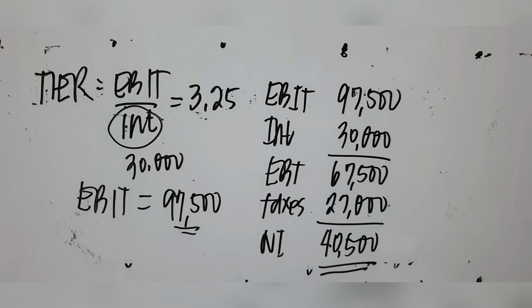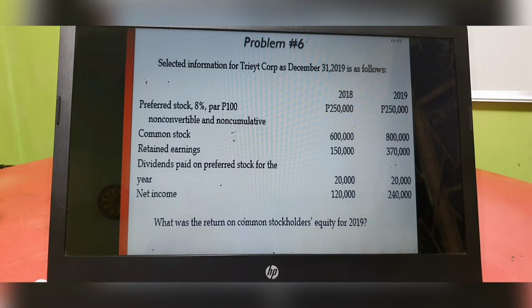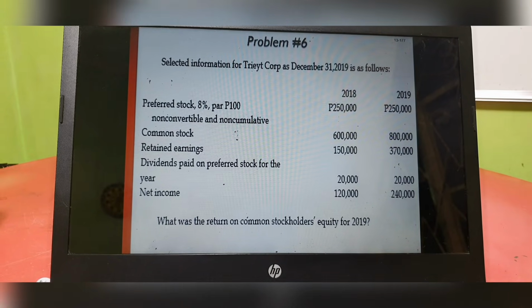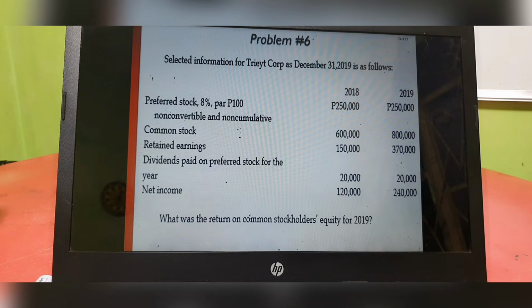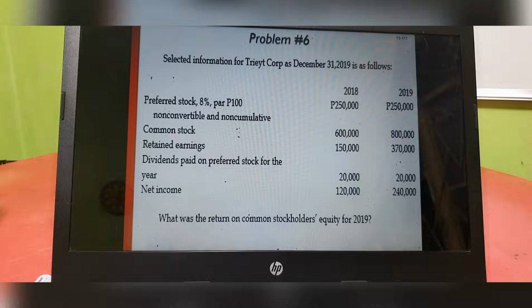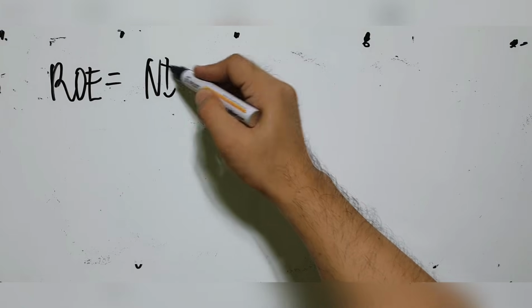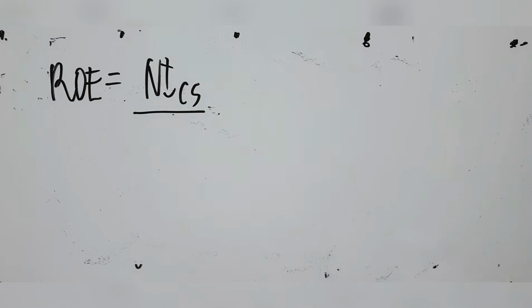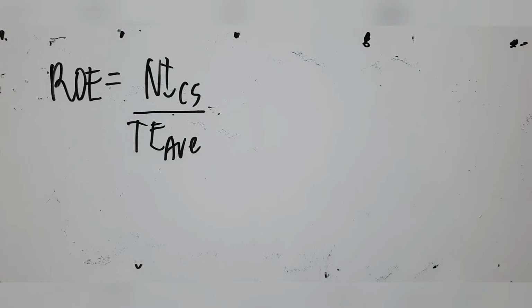Okay, so we will move to problem number 6. Okay, problem number 6, the question is, what was the return on common stockholders' equity for 2019? So, ROE is equal to NIX over your total equity average. Okay.